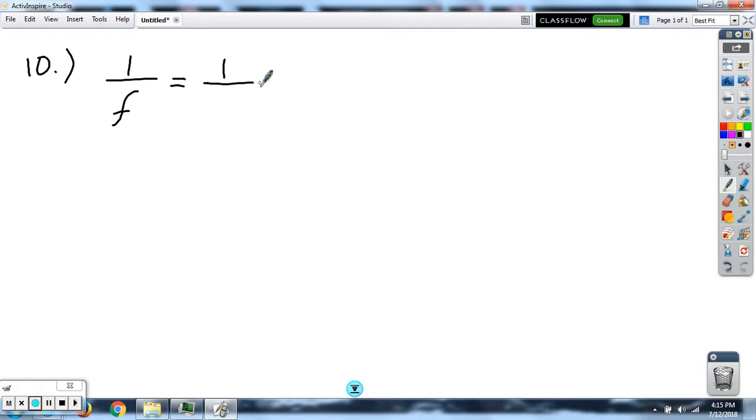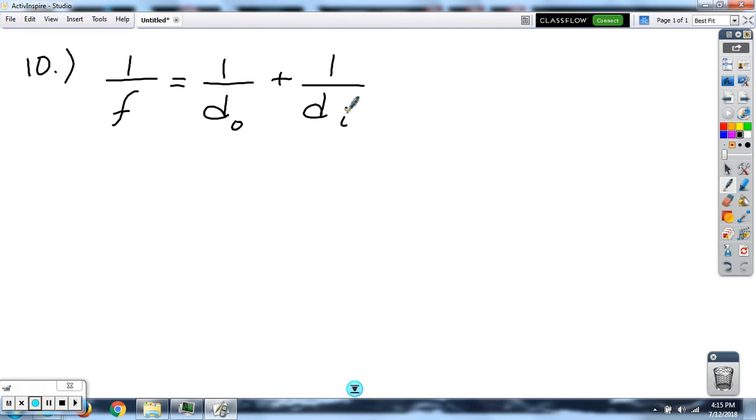We don't cover optics in mechanics, but if you're going to pursue physics in any way, you will definitely see this at some point. But I'm asking you guys to solve for the DI here.